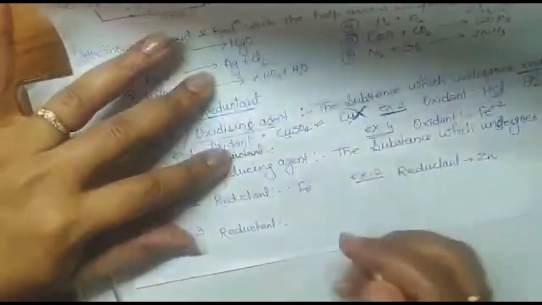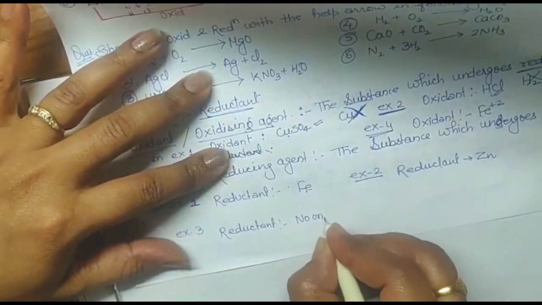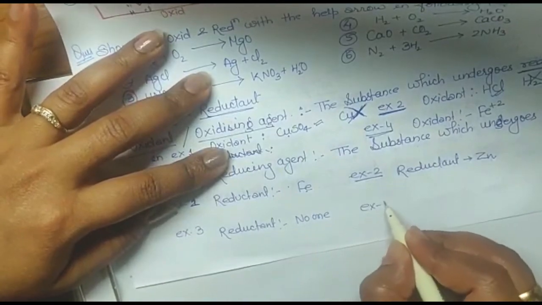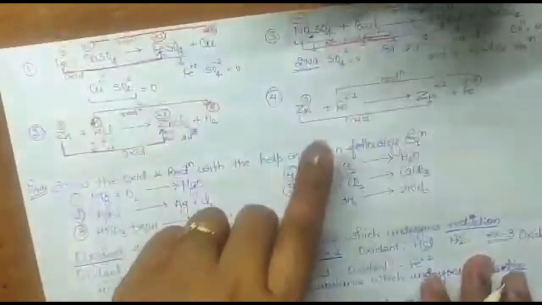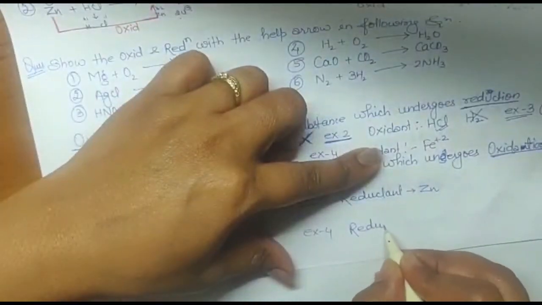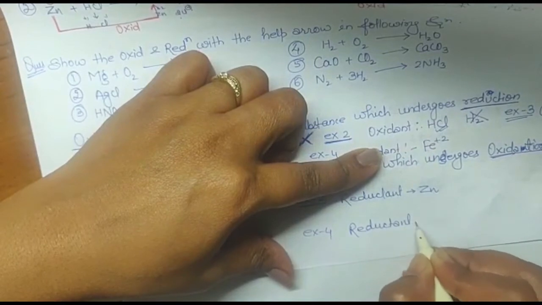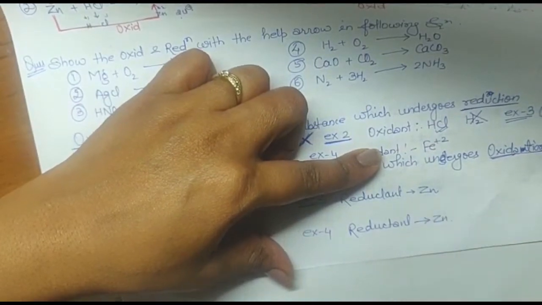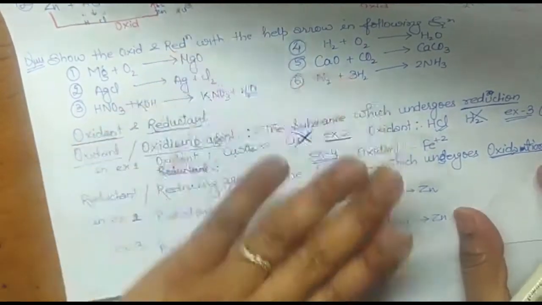So that's why we'll write no one, isn't it? And in example 4, if I ask the one which is undergoing oxidation, which one? Zn. So reductant is Zn. Got it? Clear? Hope it is clear.